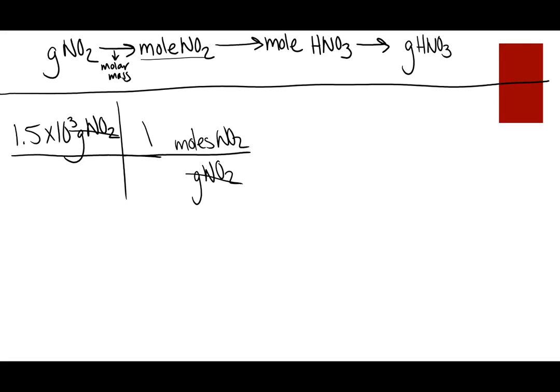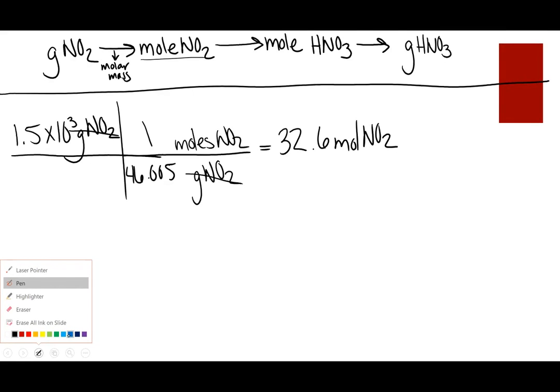So in 1 mole of NO2, I'm going to take oxygen 15.999 times 2 plus nitrogen 14.007. So this is going to be 46.005. Multiply across the top, divide by the bottom. So 1.5 times 10 to the third, divided by 46.005, and I get 32.6 moles.